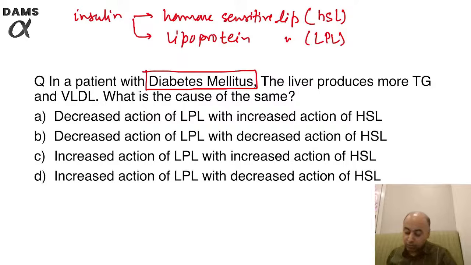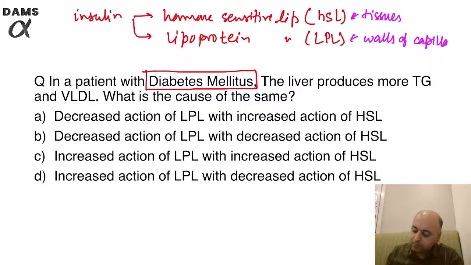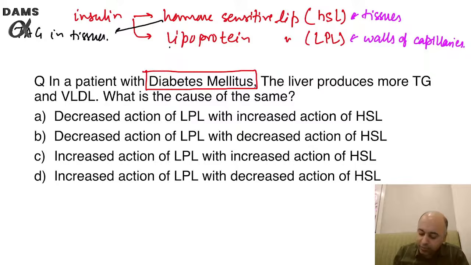The hormone sensitive lipase is present within the tissues. Lipoprotein lipase is attached to the walls of capillaries. So where will the hormone sensitive lipase act? It will act on TAG which is present in the tissues, whereas the lipoprotein lipase acts on the TAG which is present in the lipoprotein in circulation.